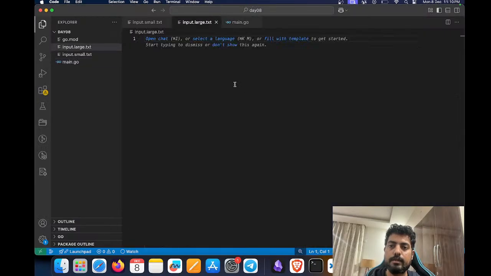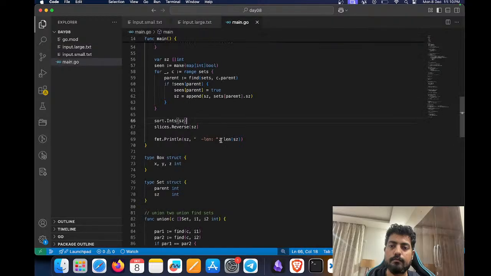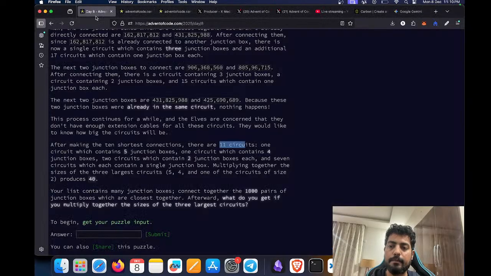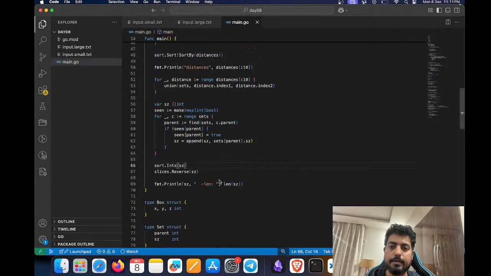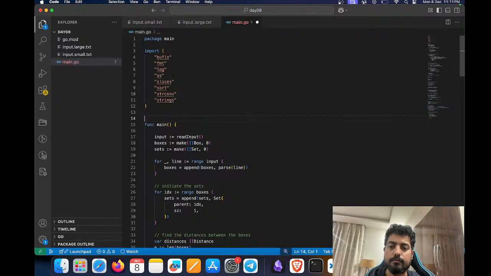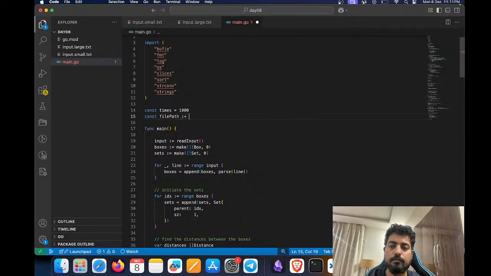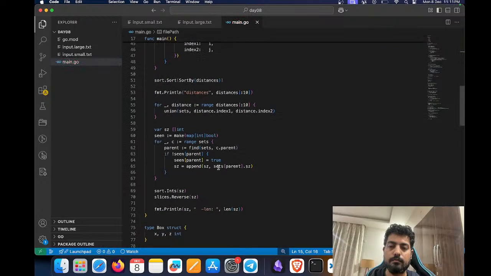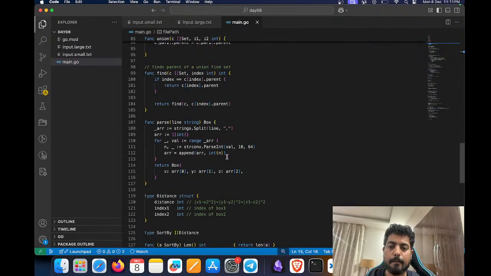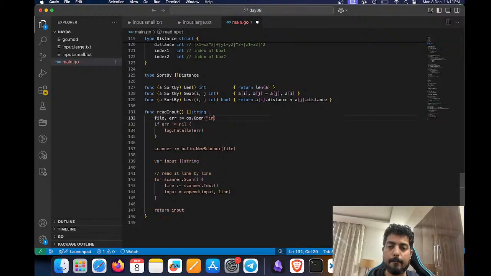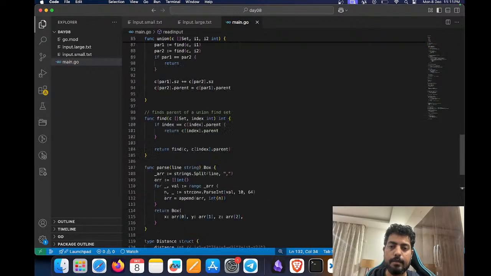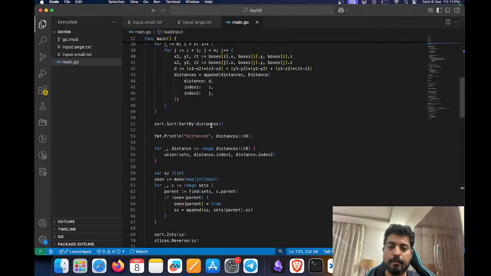Now I will have this large input, and the number of times we have to do it is 1000 times. It will be file path and the number of times we have to do this.